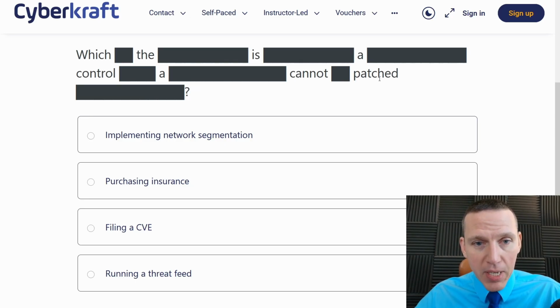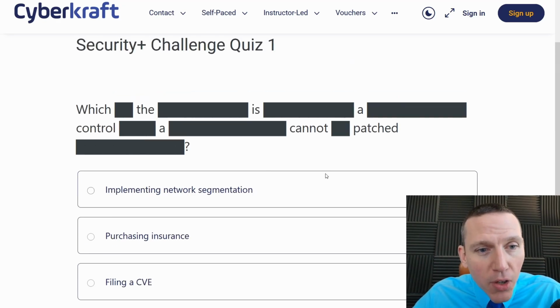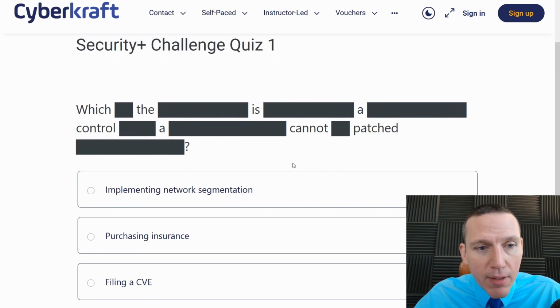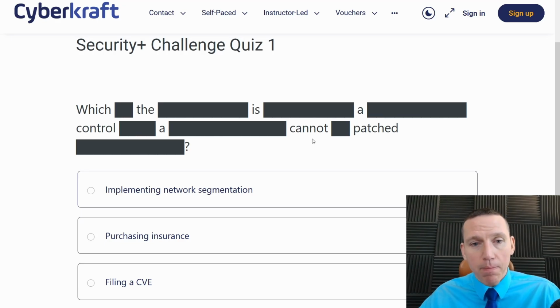Cannot be patched. So which cannot be patched? Okay, let's say, what is the something? So if you can't patch something, then you have a vulnerability, you know about it. You have to explore other methods of addressing risk.